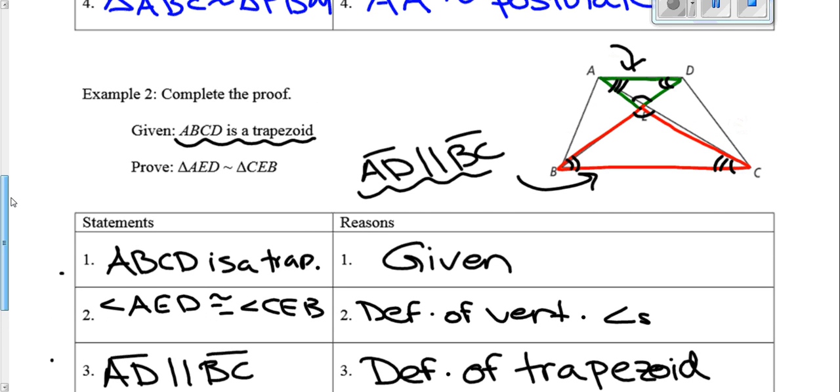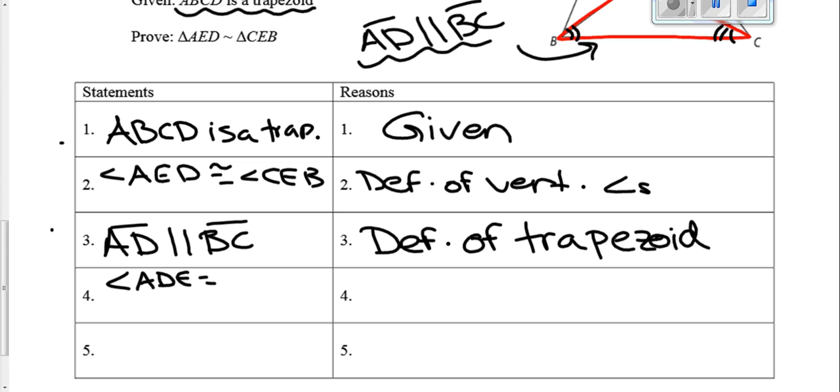All right, so here we go. We're going to write our angles in. Angle ADE is congruent to angle CBE. Oops, angle sign. All right, and then angle DAE is congruent to angle BCE. Why?